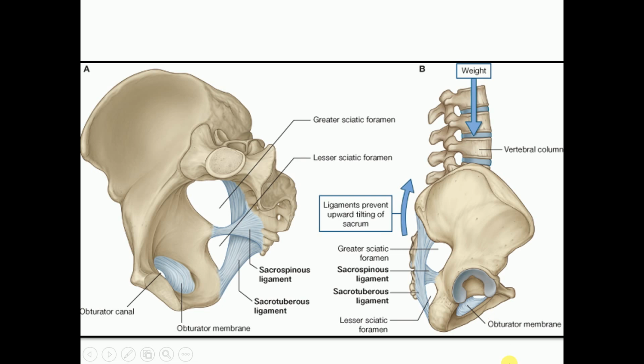While the ligaments which resist the backward rotation of the lower end of the sacrum, or we can say prevent the upward tilting of the sacrum, are the sacrotuberous ligament, sacrospinous ligament and the sacrococcygeal joint. So these are the stabilizing factors of this sacroiliac region.